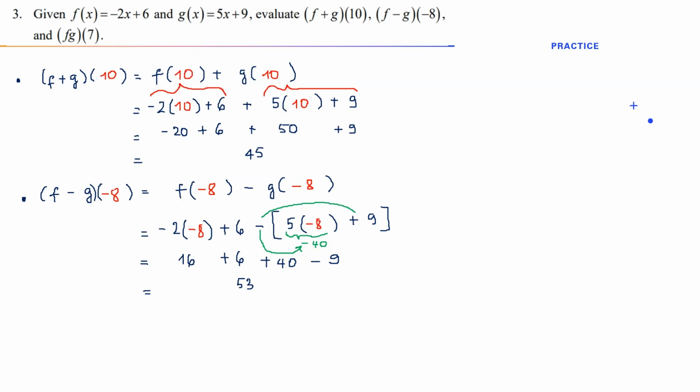Now f times g of 7. We have f times g of 7, that equals f of 7 times g of 7.